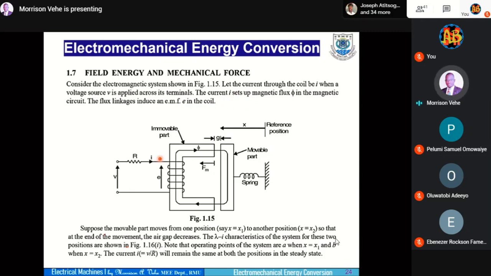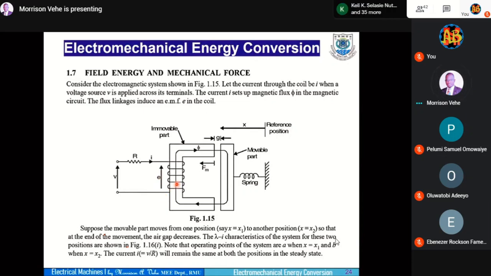So the current I will set up flux in the circuits. As a result of this current flowing through the coil, it will induce EMF into it.